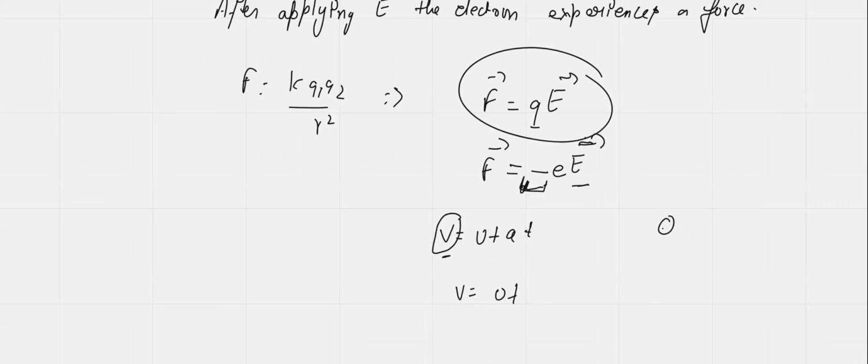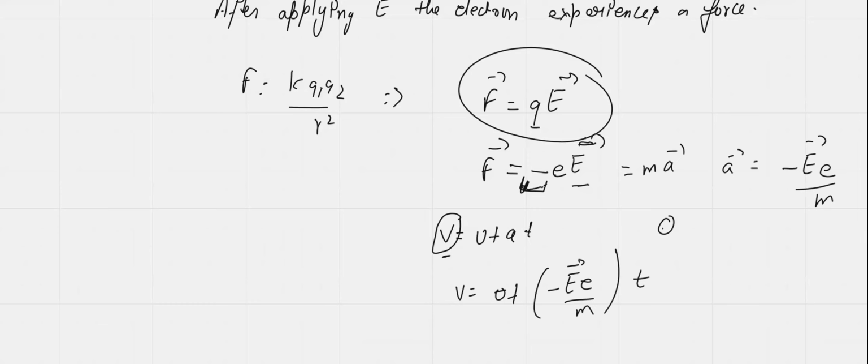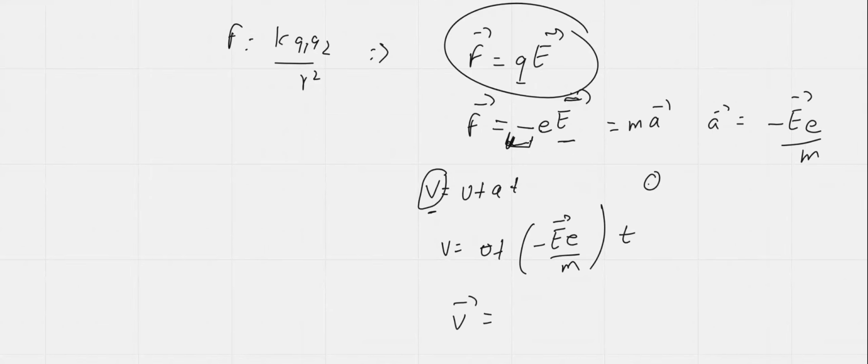What is the acceleration? The force is this much, which is mass times acceleration, so the acceleration will come out as eE divided by m. So velocity comes out as capital E divided by m times t.